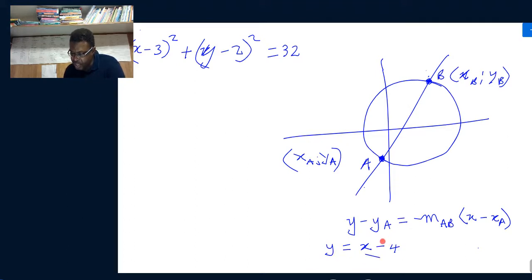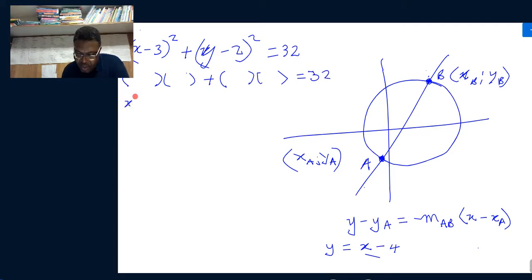You'll take this and substitute it in place of y here. But you first have to expand this. Here when you expand, you open 2 brackets. And here, you are also going to open 2 brackets. Equals 32.